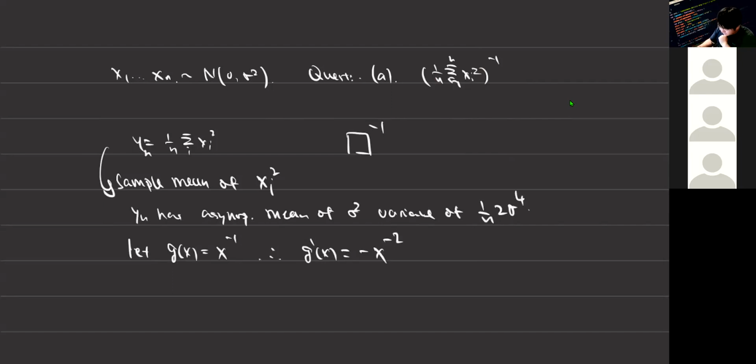Yeah. Then I have a central limit theorem, and I have the delta method. Then I know exactly what the distribution of this thing is, right?